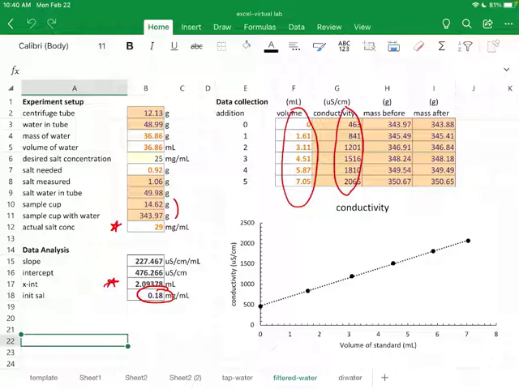Give me a second here, I'm writing some numbers down. Okay. So let's go ahead and write those numbers down here just so that we've got them. The concentration of our standard is 29 milligrams per milliliter.